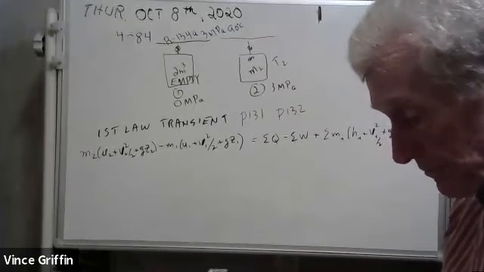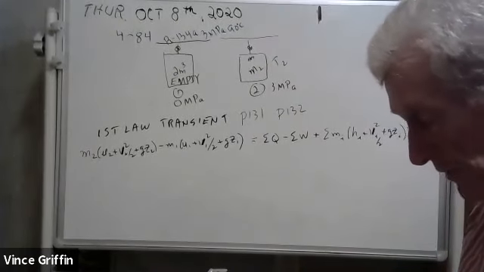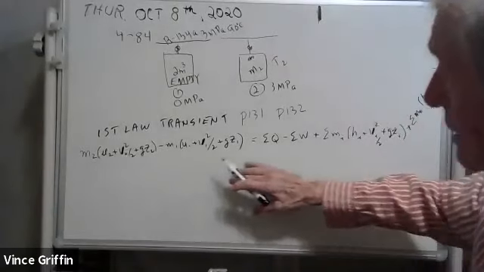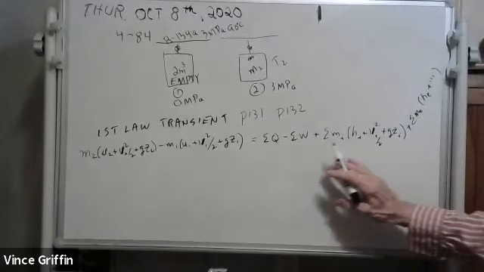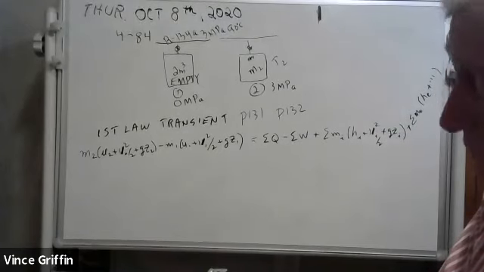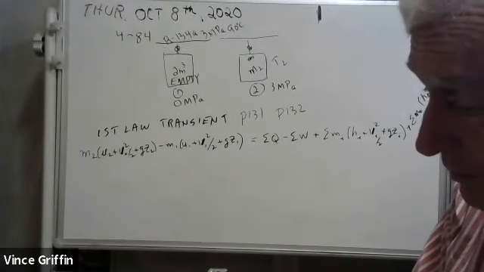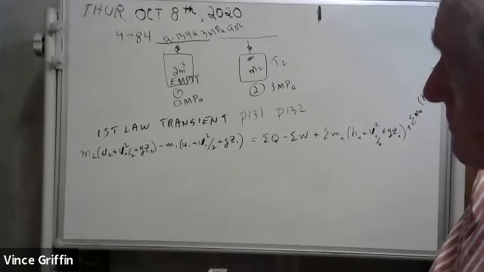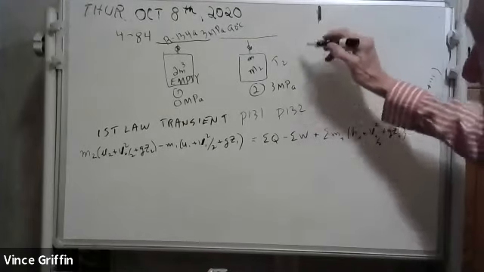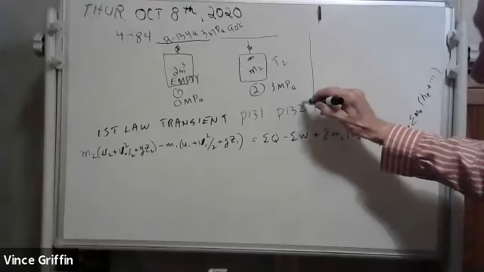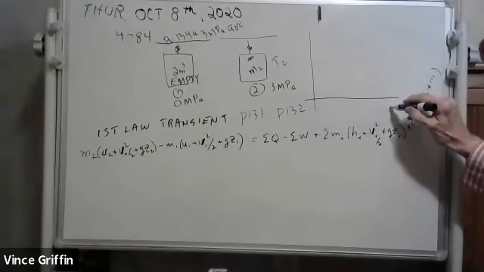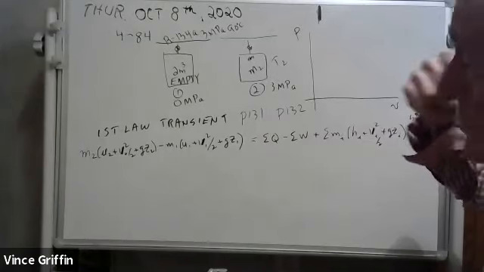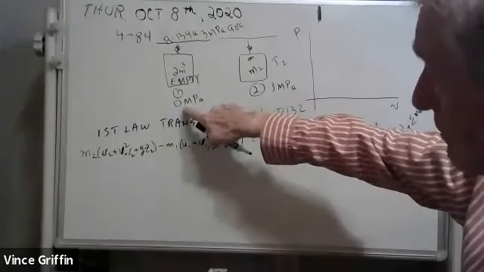Okay. Well, we need to draw the PV diagram, and then we'll use this as our first law, because it's a transient problem. Stuff is changing with time. Let's draw the PV diagram. Now, state 1 has 0 megapascals.